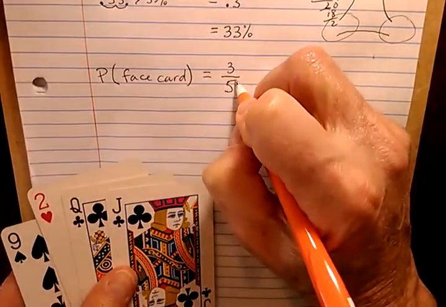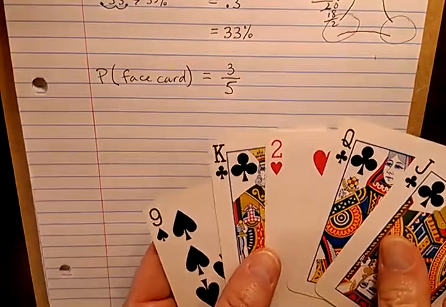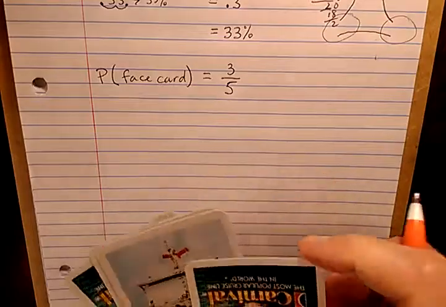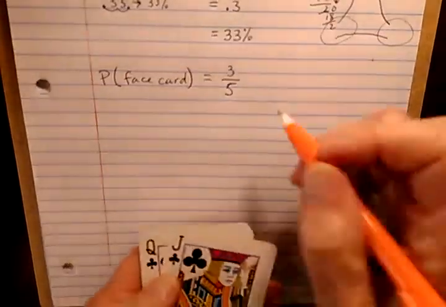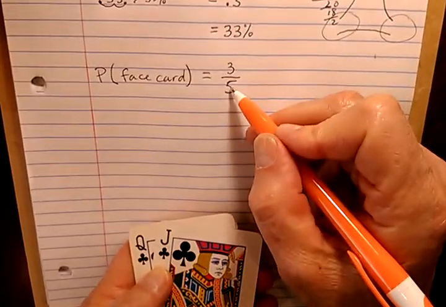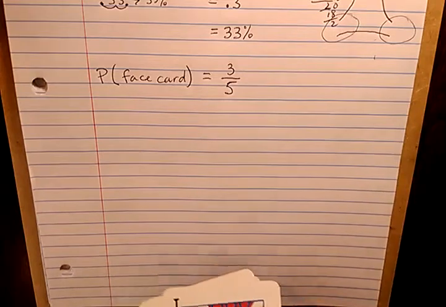So 3 out of 5 was the probability of getting a face card. It doesn't always happen. As you saw, when I chose a card, I got the 9. But at least the chances are pretty good. We could say 3 out of 5 chances. That's a pretty good probability of getting a face card.